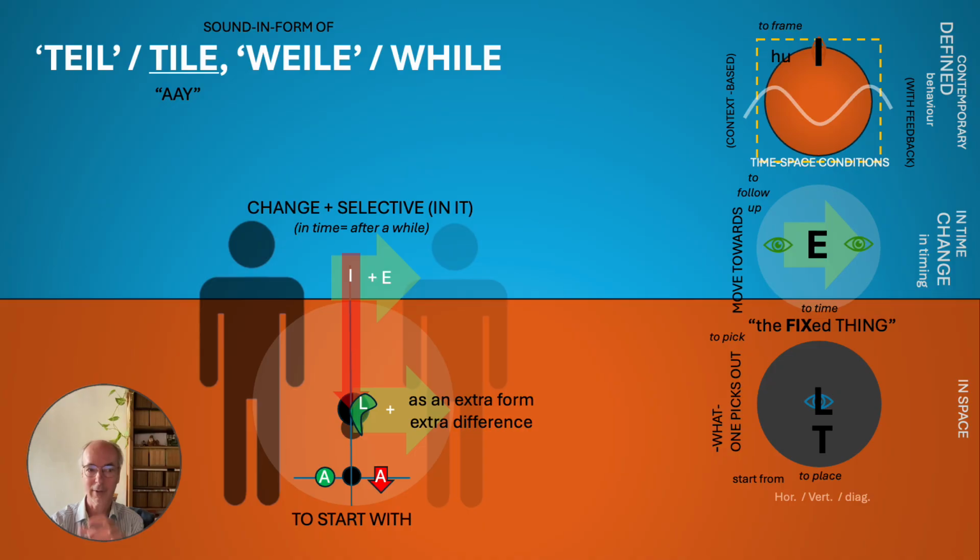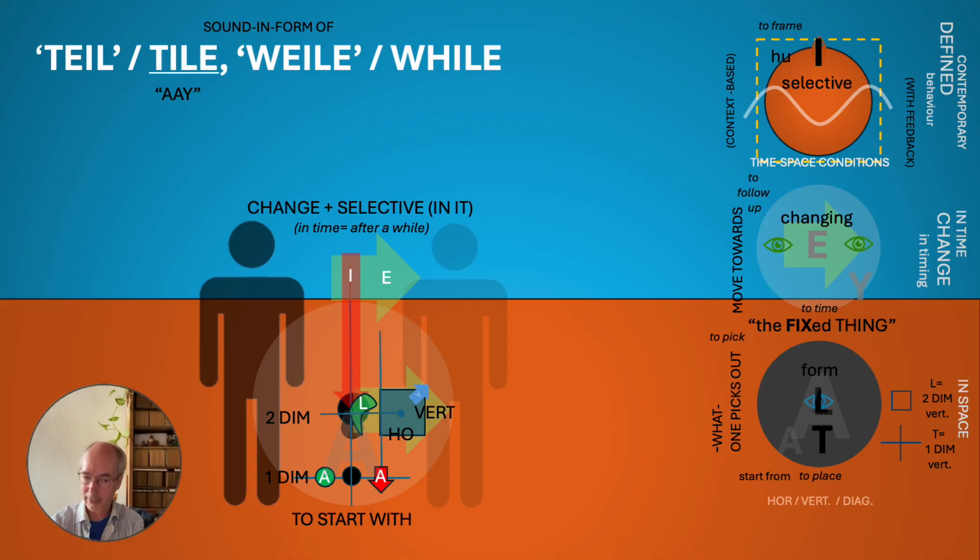So here I have with the TEIL an extra form, an extra difference. And how will that look like? Again, we have to go to the T as a first starting point, ending with that makes a difference. We know that a TEIL is this horizontal and vertical. The TEIL has a form like this.